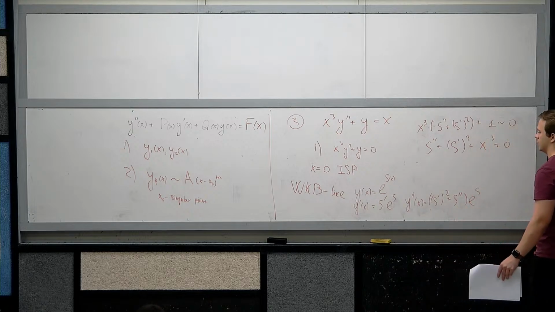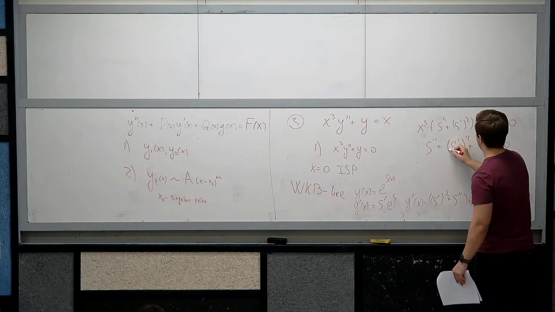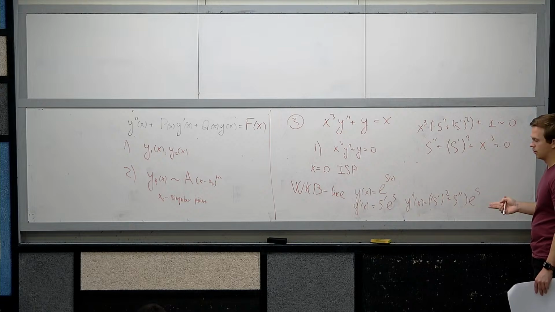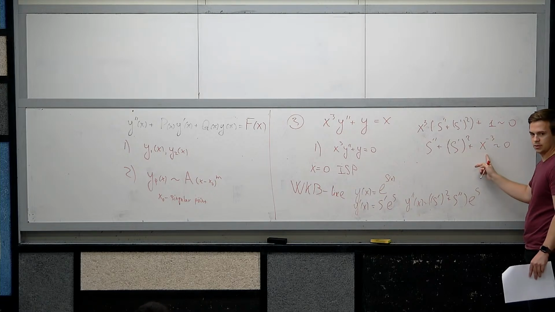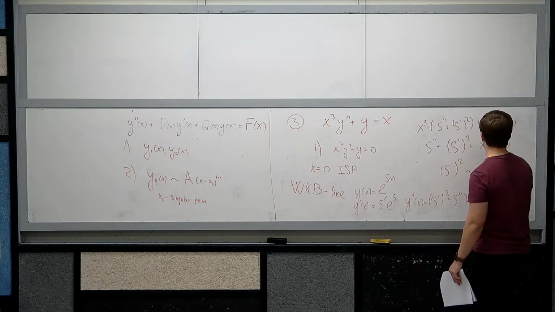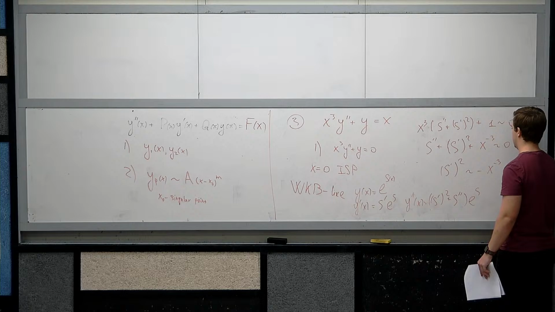And then I use dominant balance. Which terms do I usually pick? This and this. So s prime squared is asymptotic to minus 1 over x cubed.